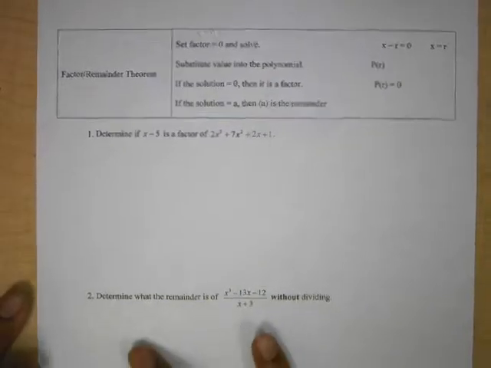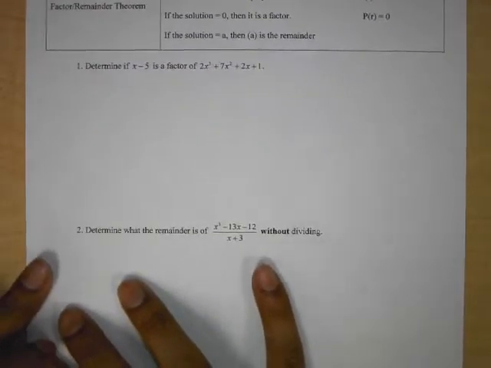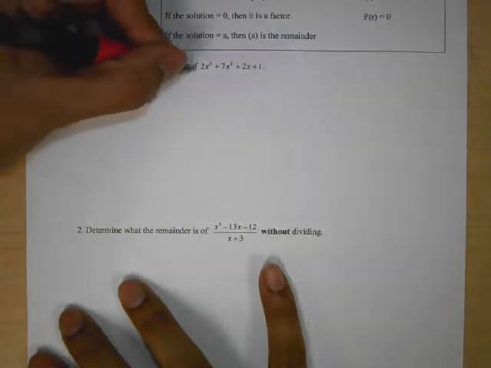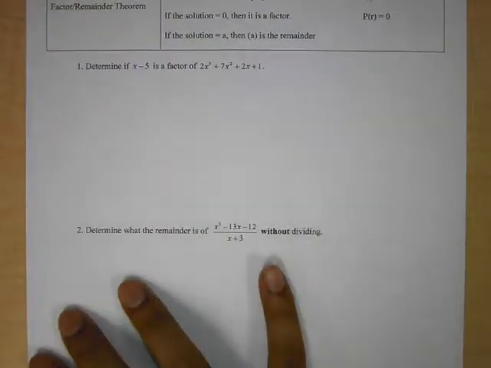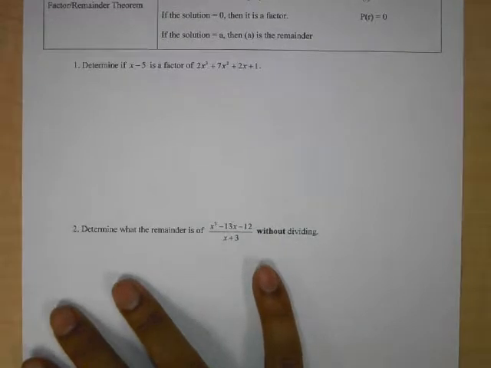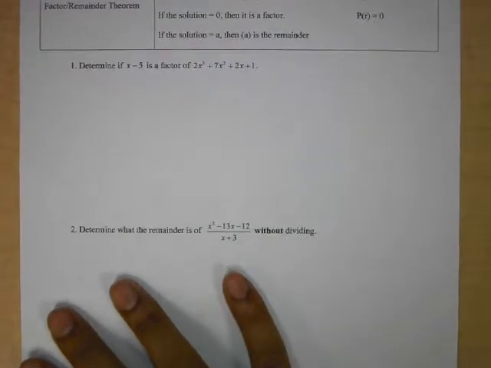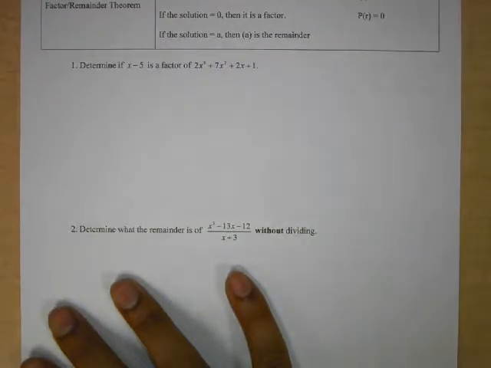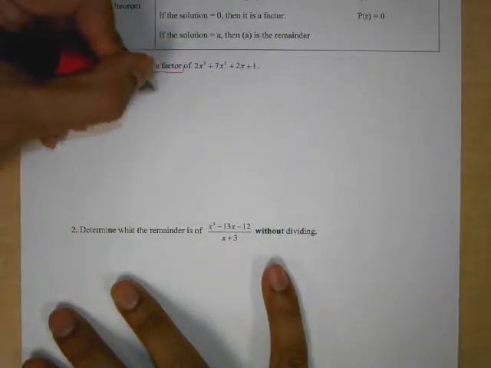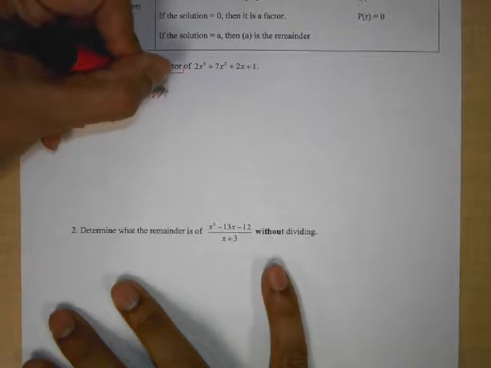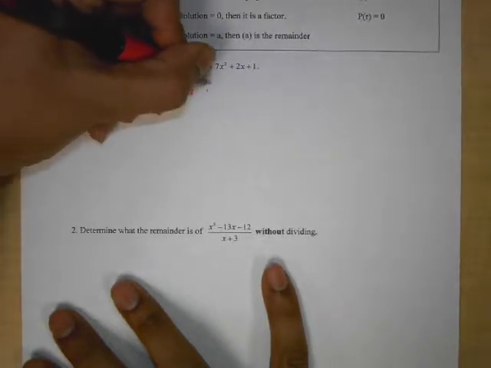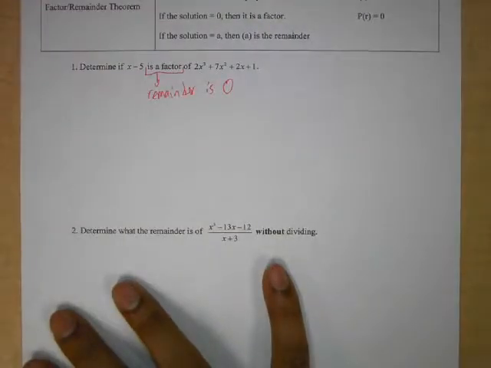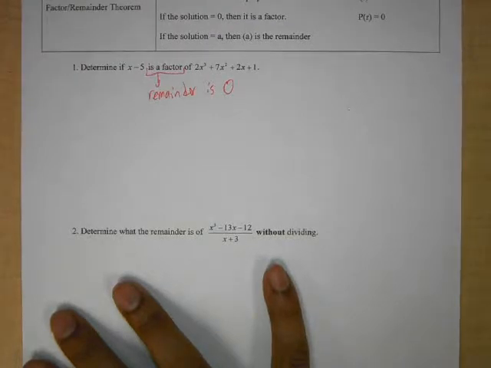Question 1 says, determine if x minus 5 is a factor of this polynomial. If x minus 5 was a factor of this, we'd be able to say that by dividing, I should get a remainder of 0. So if something is a factor, you know that the remainder is 0. Let's see if this is actually true.